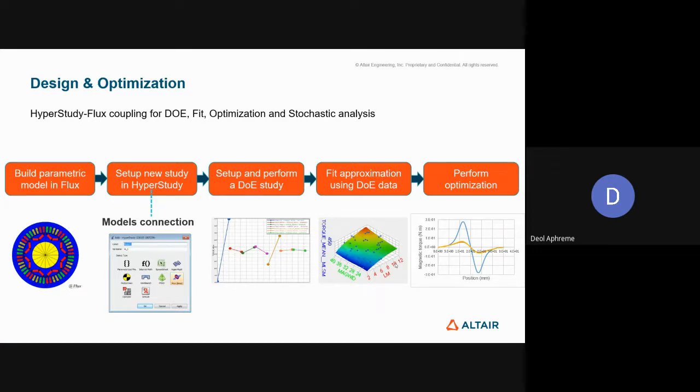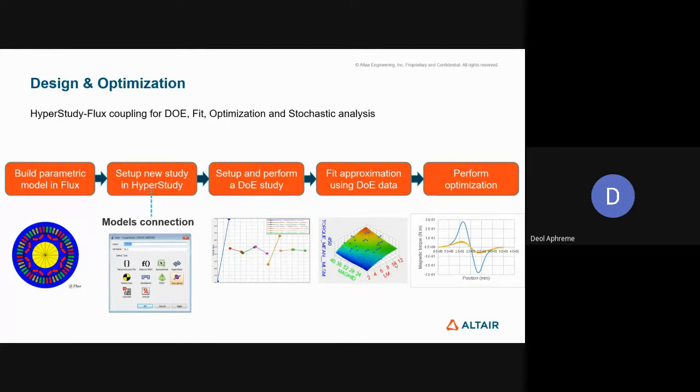So maybe which skew angle would be appropriate for your application, or the magnet dimensions, the magnet size for a PMSM motor, a BLDC motor, or a generator, the coil winding factors, the number of turns. All these things are very important, and there will be an optimal value at which you will have maximum efficiency or maximum output from your component.